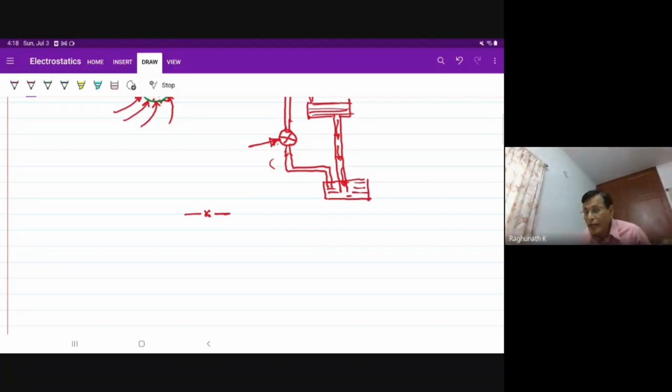When the potential difference is created between the ends of the conductor, electric field intensity is created inside the conductor. Please check. Electric field, correct only, no? Consider a uniform conductor of uniform cross section.